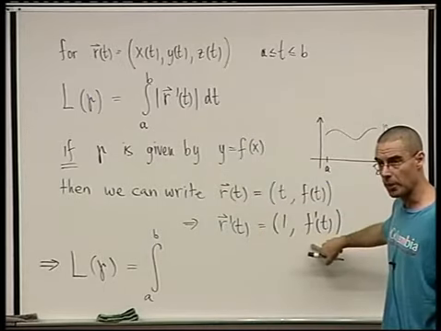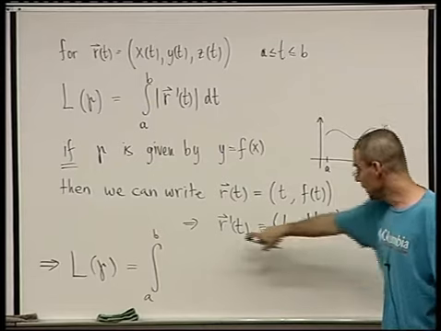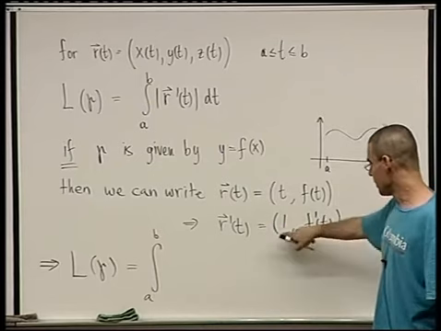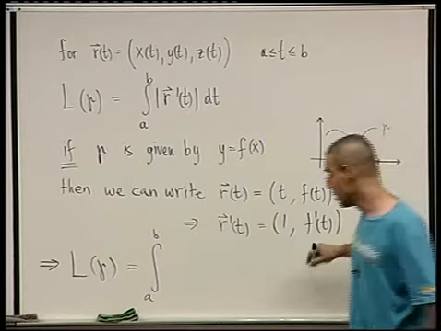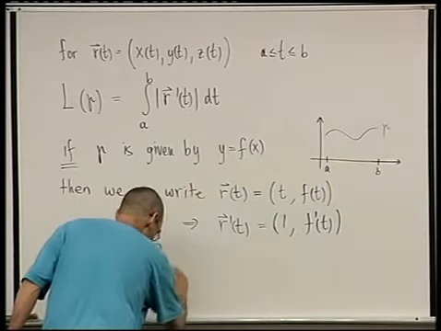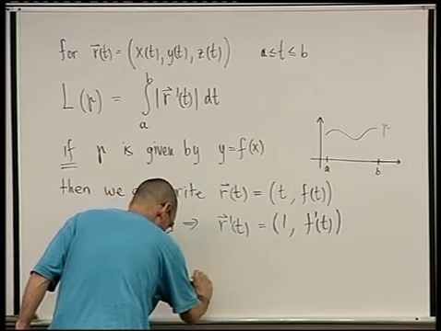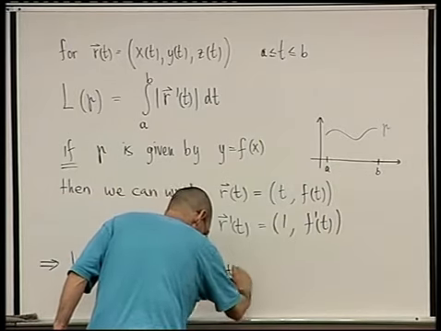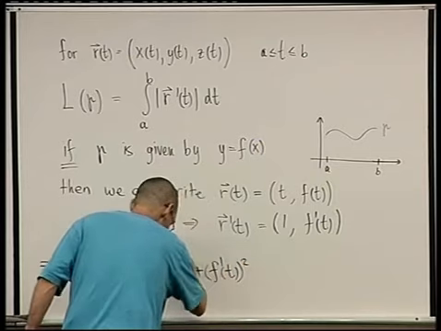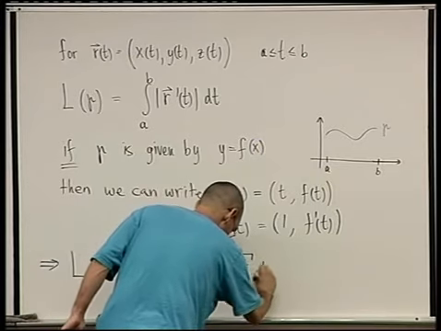What's the length of r prime? The length of this thing is the root of the sum of the squares of the coordinates, right? That's how you do the length of a vector. So it's the root of 1 squared, which is 1, plus f prime squared, dt.